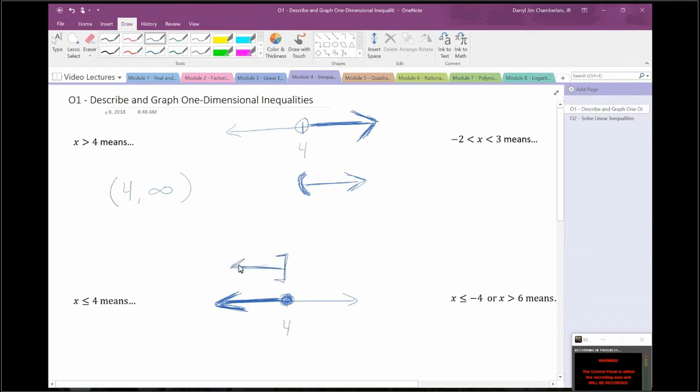They mean the same thing. And if I'm writing this in interval notation, I would say it's my numbers from 4 to negative infinity. But normally we write from negative to positive. So I'd write it as from negative infinity to 4. And those are our basic inequalities.